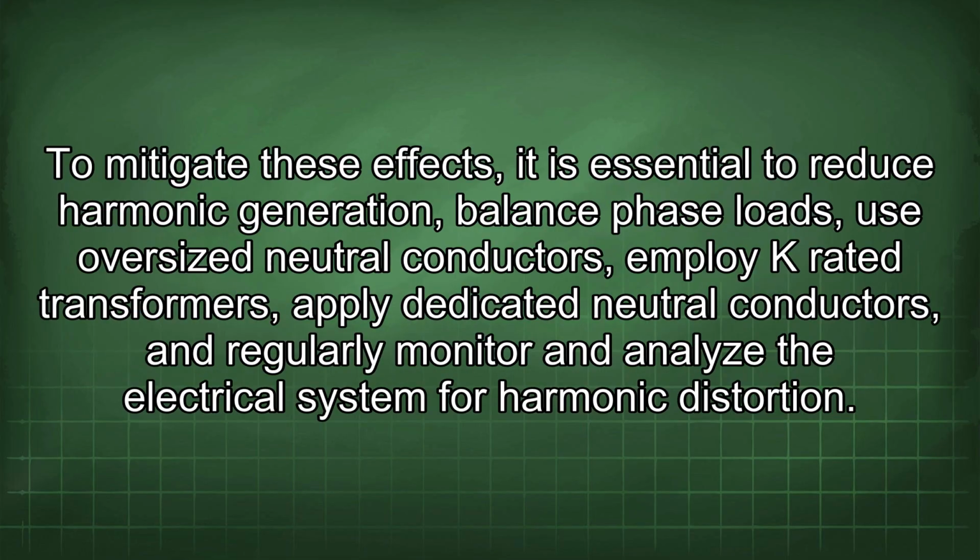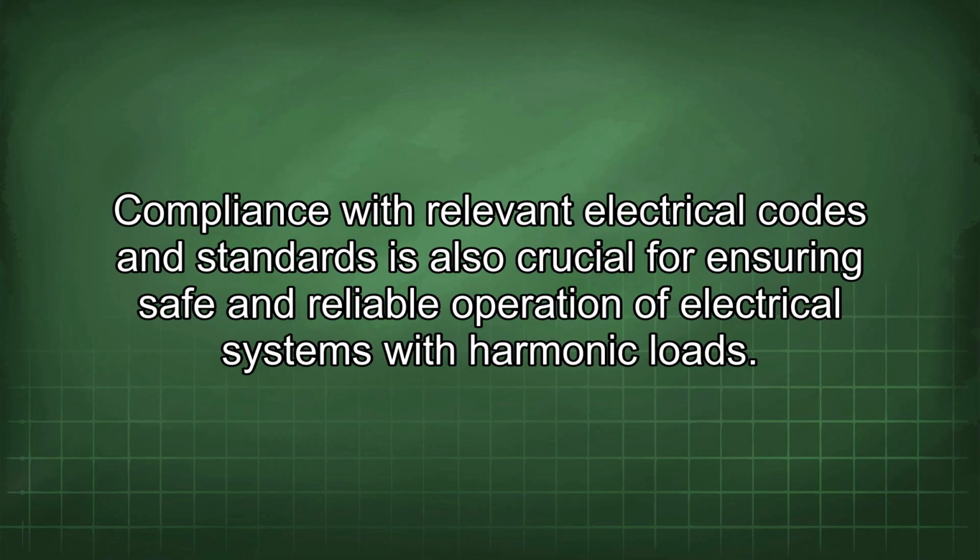To mitigate these effects, it is essential to reduce harmonic generation, balance phase loads, use oversized neutral conductors, employ K-rated transformers, apply dedicated neutral conductors, and regularly monitor and analyze the electrical system for harmonic distortion. Compliance with relevant electrical codes and standards is also crucial for ensuring safe and reliable operation of electrical systems with harmonic loads.